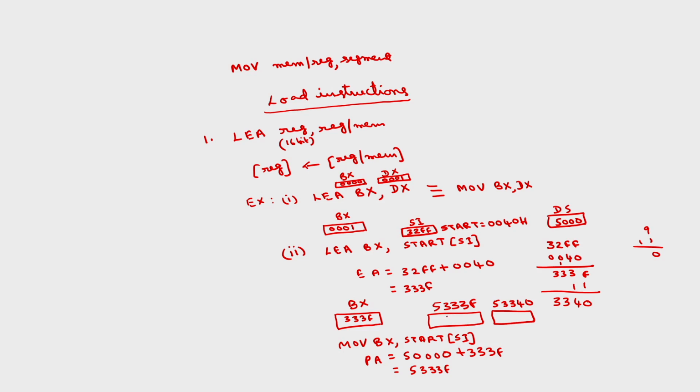If the contents of this one is FF, and the contents of this one is EE, after the execution of this one, BX will be loaded with the contents of the physical address. It will read a word. From 5333F, FF will be loaded into the lower order register and EE will be loaded into the higher order register. Now, I think you understand the difference between MOV BX comma start SI and LEA BX comma start SI.